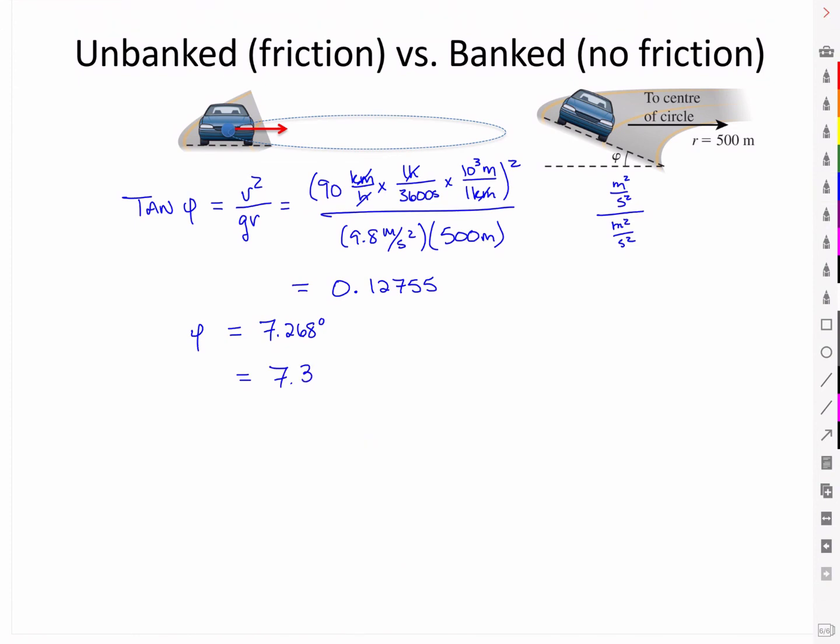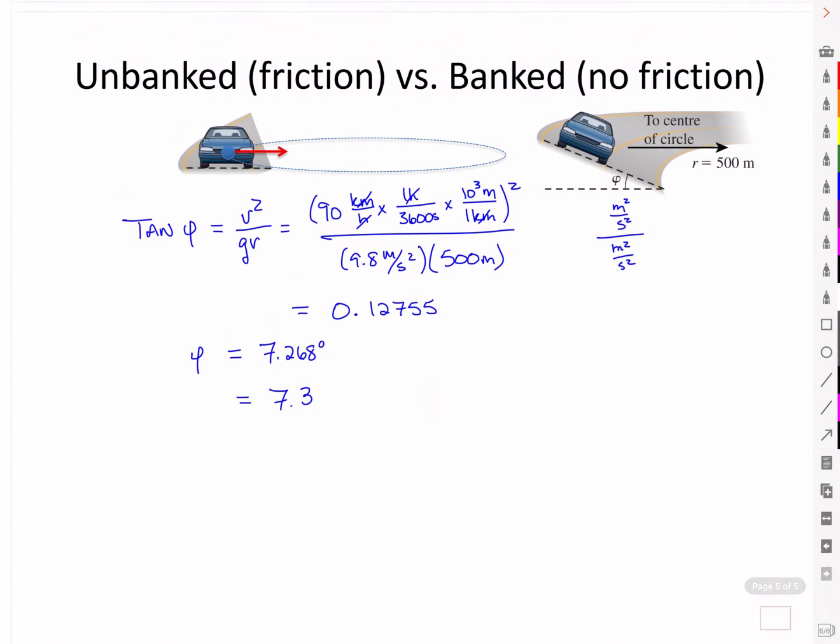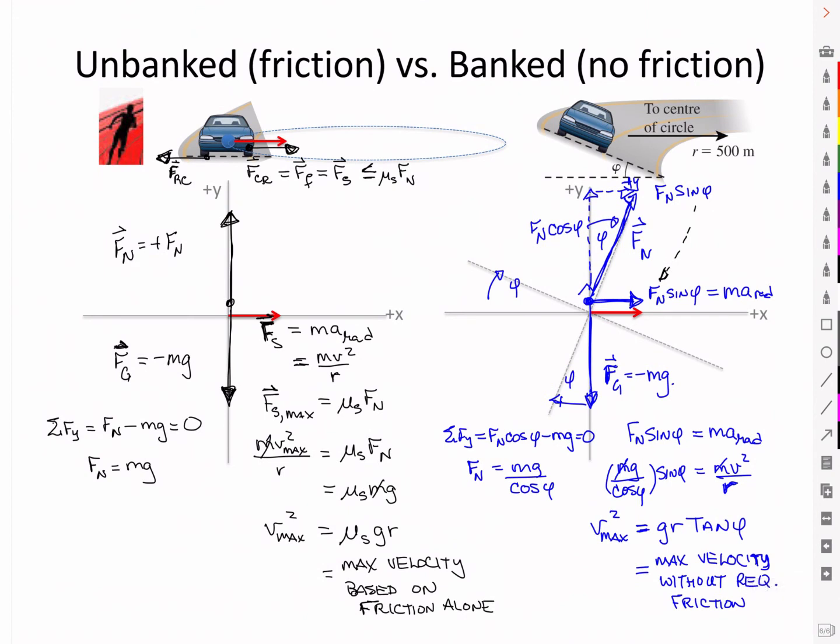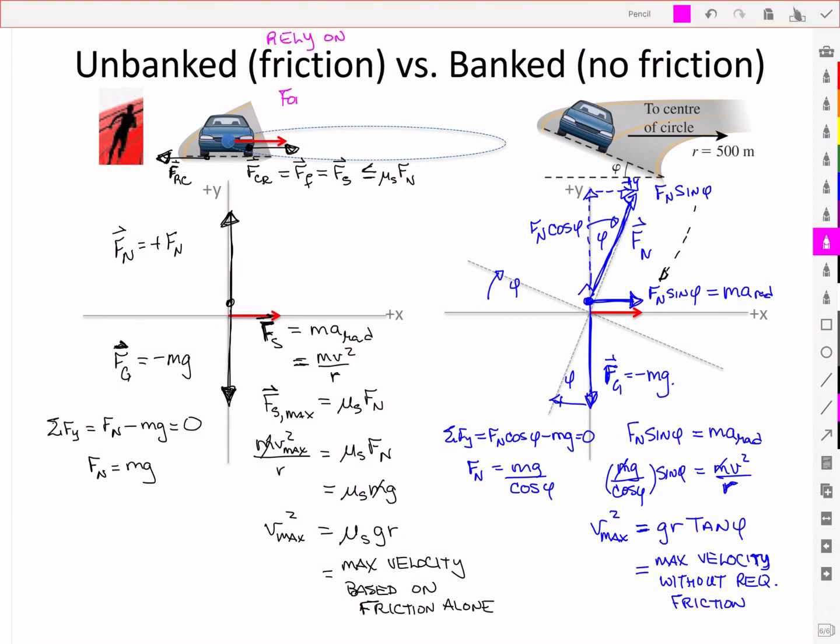This seems like a reasonable banking angle, so it's not too high, similar to the roads that we would see out there. And let's do a quick little recap then. On the left, we had the case of an unbanked road. And so here we were relying upon friction to provide that radial acceleration.